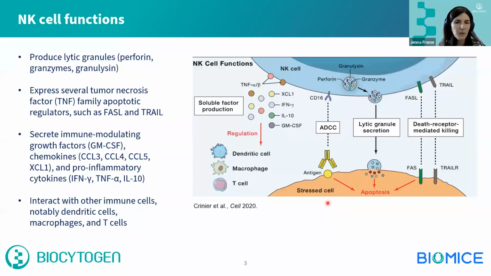And I will further elaborate on this process in the coming slides. In addition to these functions, NK cells can also modulate immune responses through production of cytokines, growth factors, and chemokines, and these can all regulate other immune cell types such as dendritic cells, macrophages, and T cells. And these cell types can in turn also regulate activity of NK cells through the modulation of certain activating or inhibitory receptors.